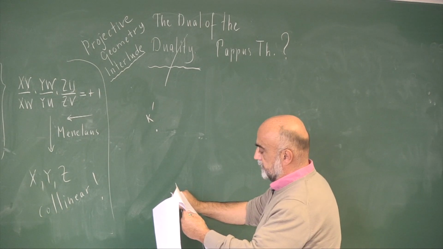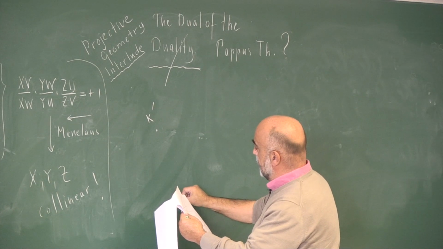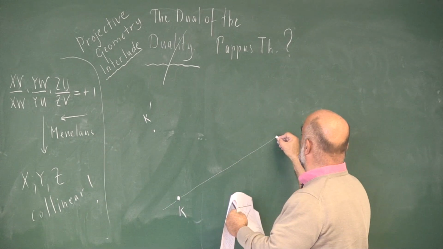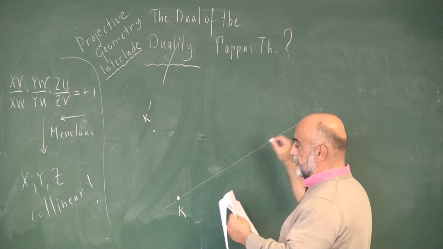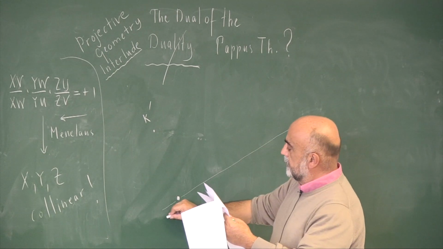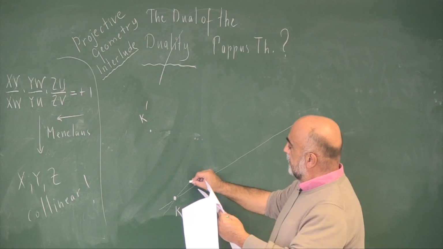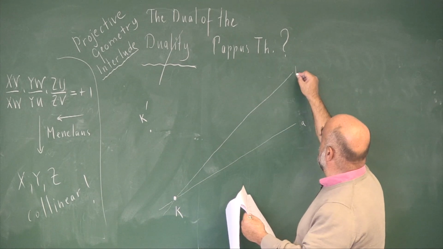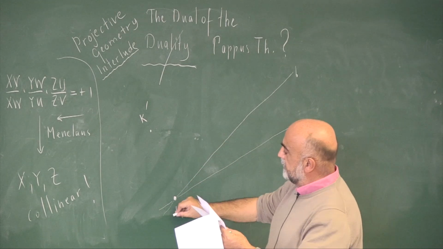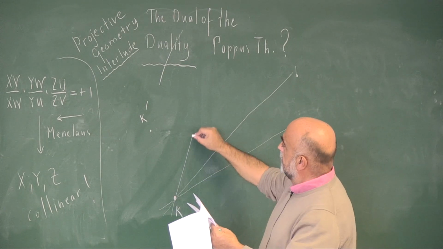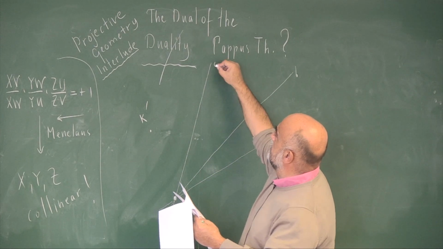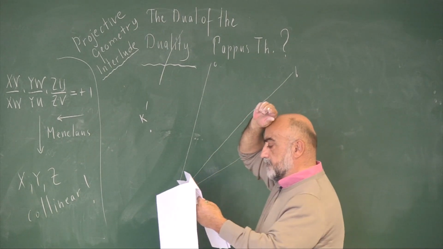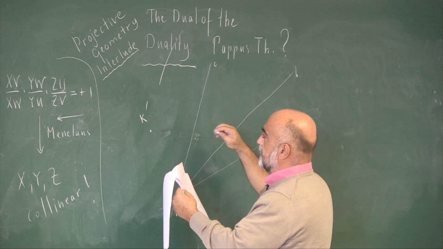Let's say the line A, the line B, and finally the line C. And through the point K prime, I have to draw 3 lines again.